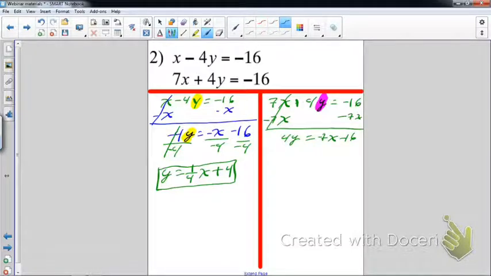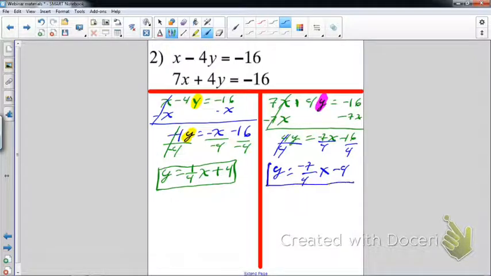Then I use the division property of equality, where I get to divide everything by 4. This time I divide by +4. So that simplifies to 1. 1 times y gives me y, which is what I was looking for. And now I'm left with -7/4 x minus 4. This time it is a -4, as you can see.